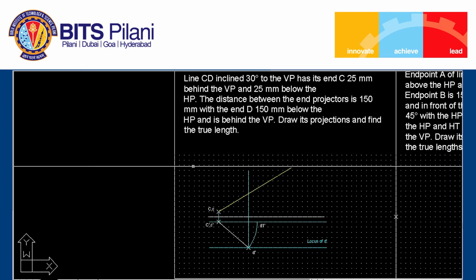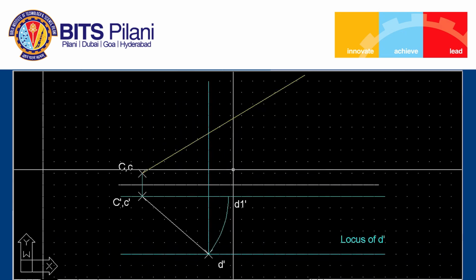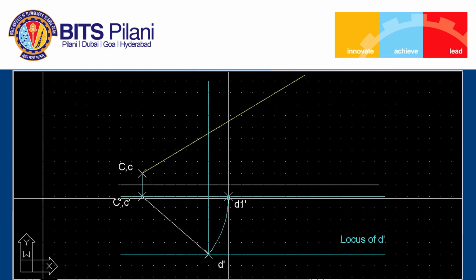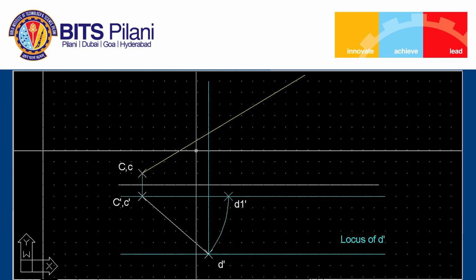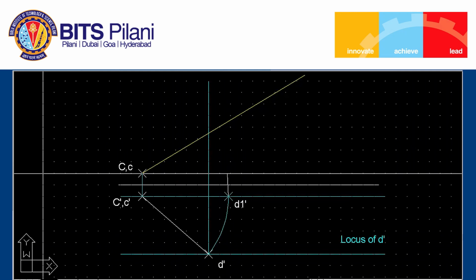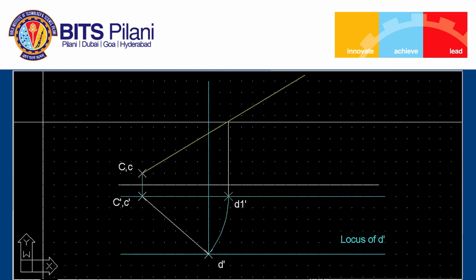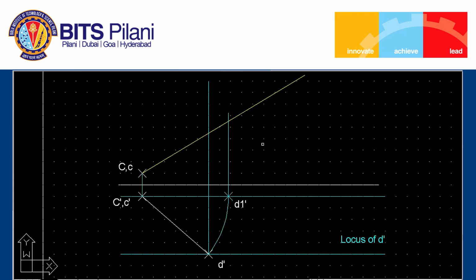Okay. So here, since we get the point D1 prime, now I will have to project this point, and we know the point capital D is on the yellow line, which is at an angle 30 degrees. Okay. So we will project the point till this point, and we can do better finishing here by trimming the lines.